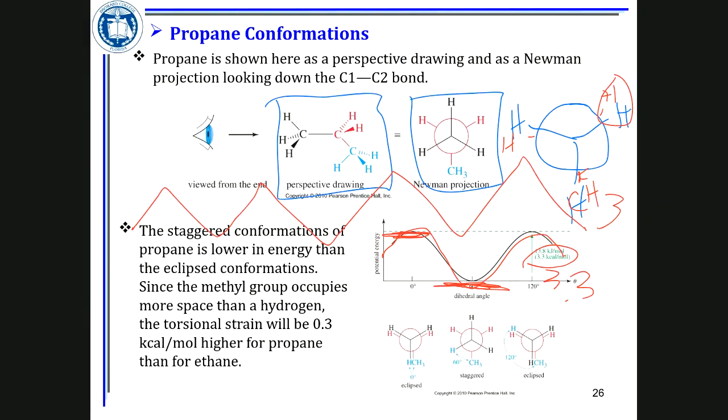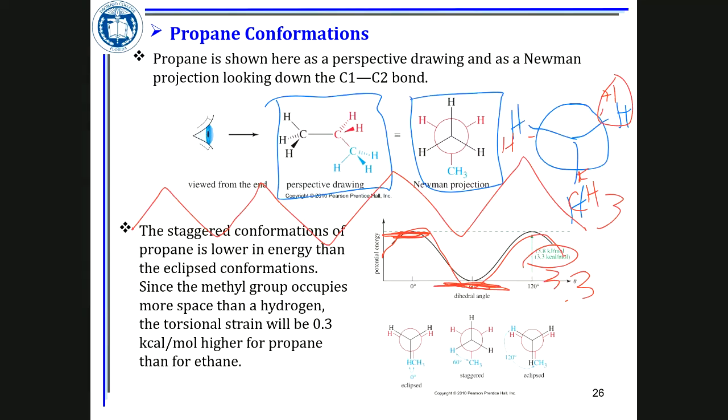See, it's going up and down, up and down. This provides the maximum distance between the groups that are on the opposite ends. If you rotate this, you can go to the minimum distance and the highest internal energy, the most unstable conformer for butane.